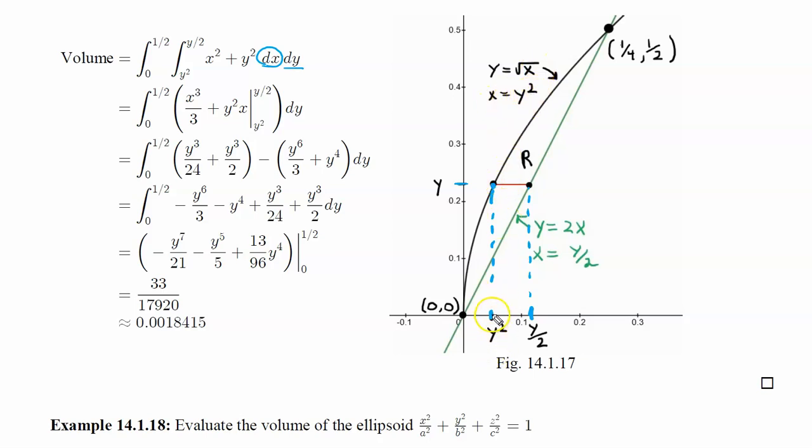So this point right here is going to be y squared. This point lies on the curve y equals 2x, or x equals y divided by 2. So this point down here is going to be y over 2.